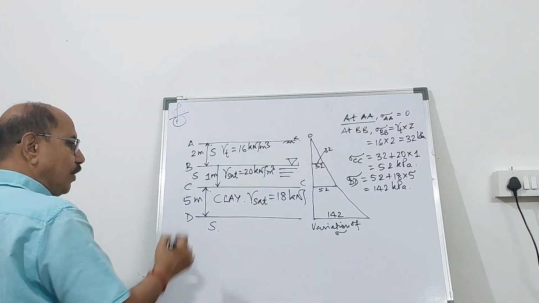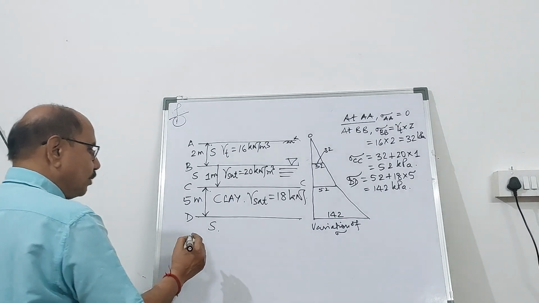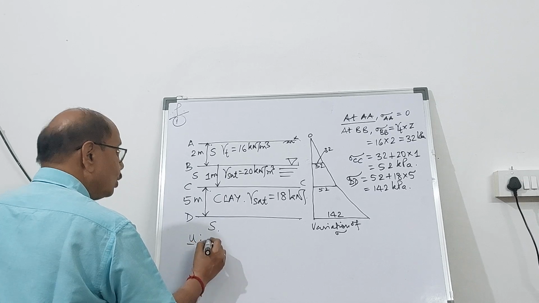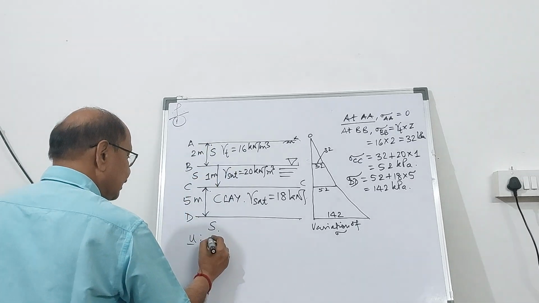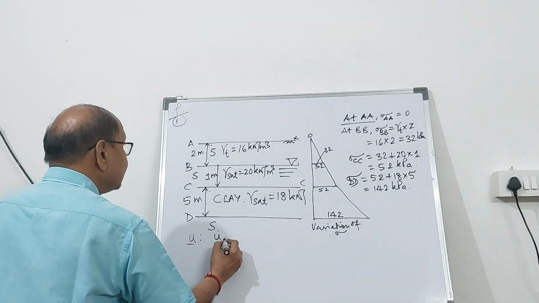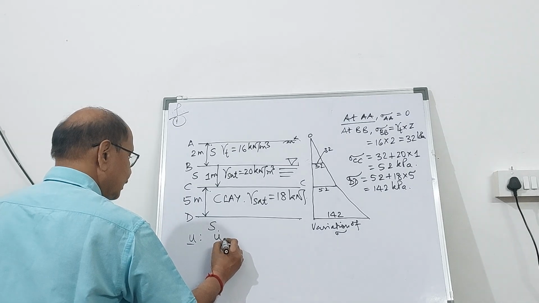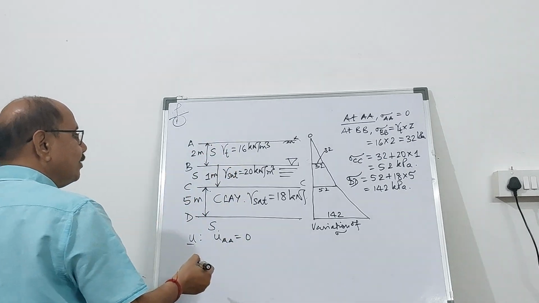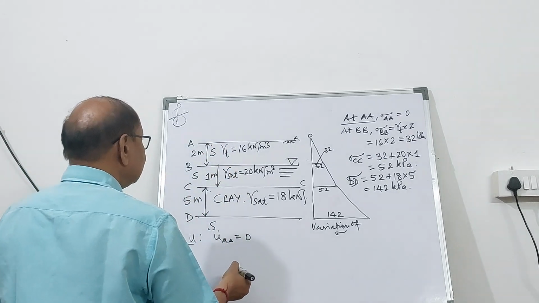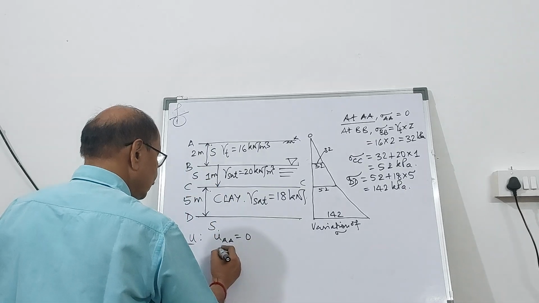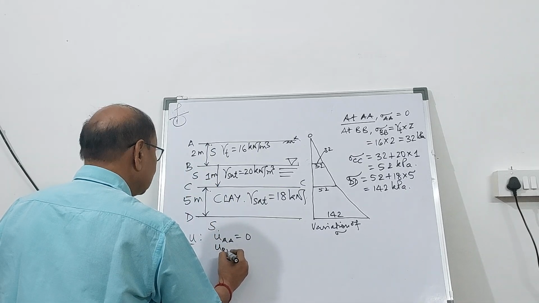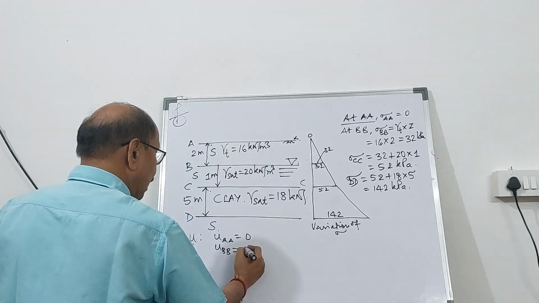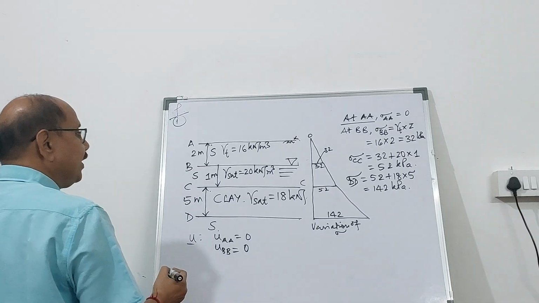Now, if I want to calculate the pore water pressure, U can be calculated. U at A is going to be 0 because there is no column of water above this. If you come to BB at this level, is there any column of water above BB?